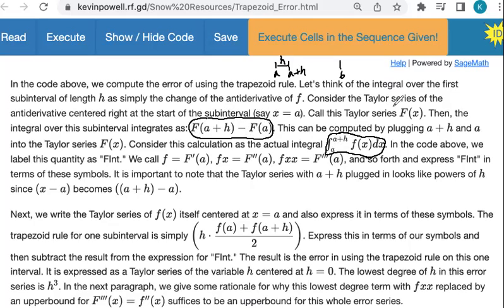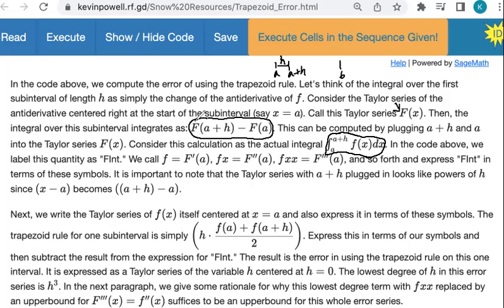Now, if we had a Taylor series for F, then we plug a plus h into that Taylor series, then we plug a into that Taylor series, and we subtract. What we end up getting is a Taylor series for the integral. So we get a series that equals this integral, and this series came from a series for the antiderivative of f itself.